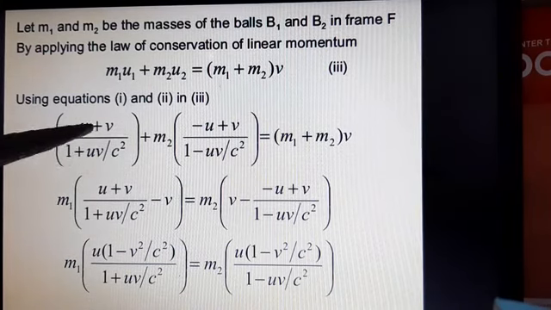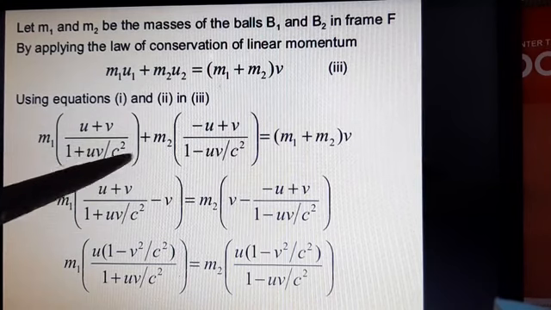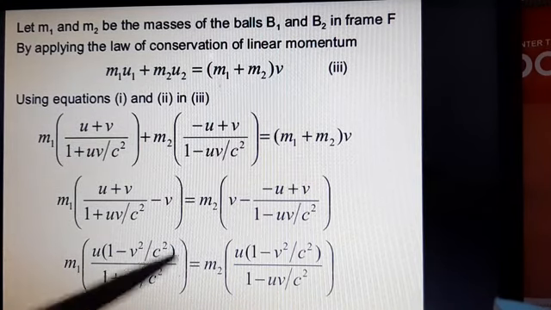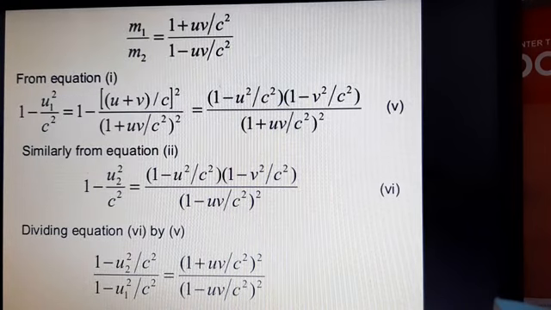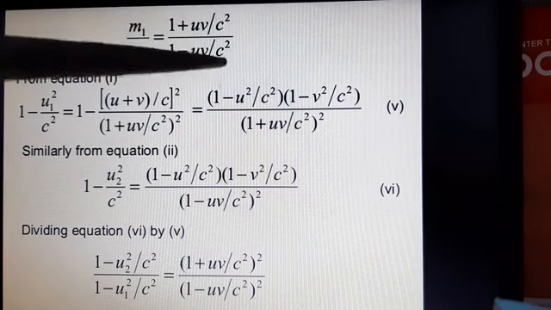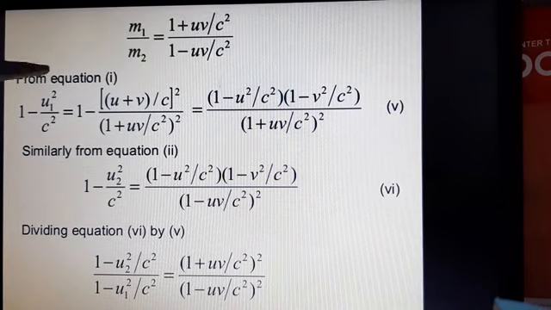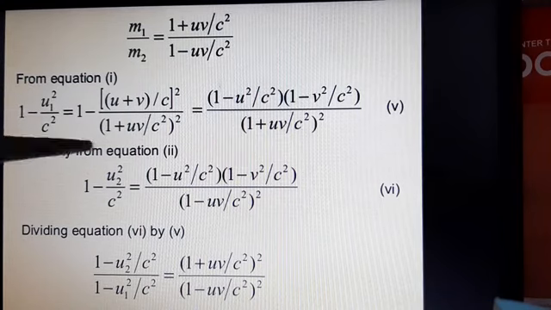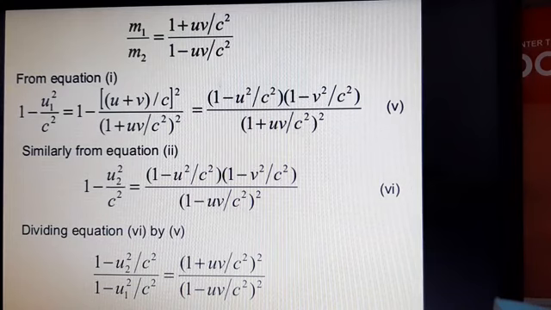On solving, by taking the LCM and rearranging this equation from left to right, ultimately we will get M1 by M2 is equal to (1 plus U V upon C square) over (1 minus U V upon C square). So from equation 1, that is 1 minus U1 square upon C square, I have taken this term only to prove the equation of mass.